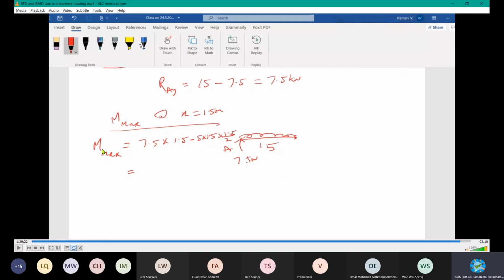Okay. The moment is given by force into distance, right? So this is the force, and then multiply by the distance. We need the moment at this point, the middle point, not at the end. So the lever arm will be 1.5.